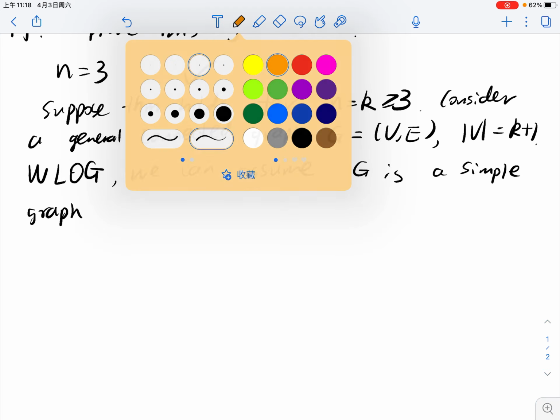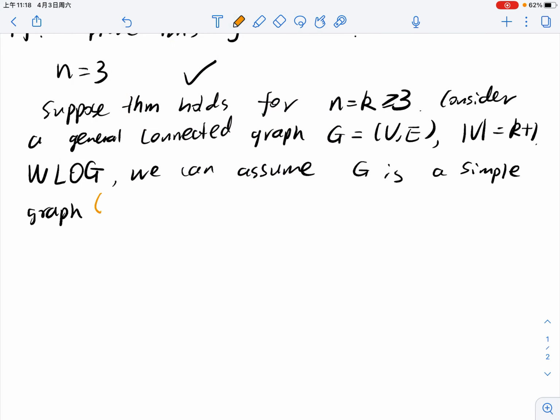As we said before, if it's not simple, then you can take its reduction.